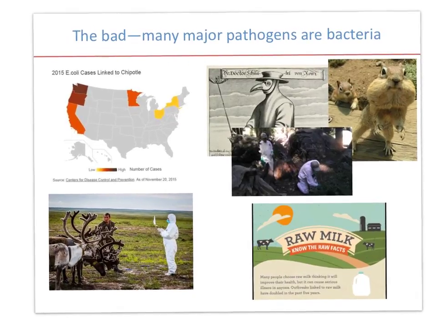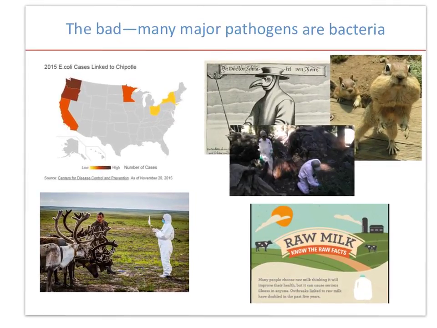So we're going to talk about the bad in terms of diversity. Many bacteria are pathogens, and I have a few examples here. One of them is the outbreak of E. coli in Chipotle. Do you guys remember that? I think that was back in 2015. I'm not sure that Chipotle has recovered completely yet from that.